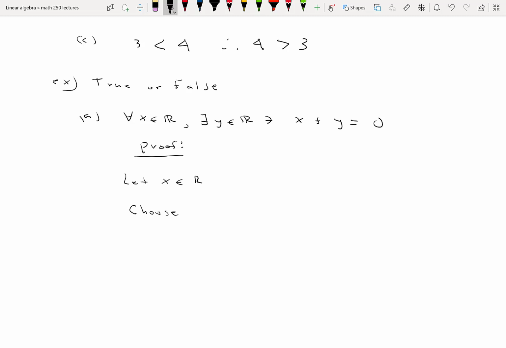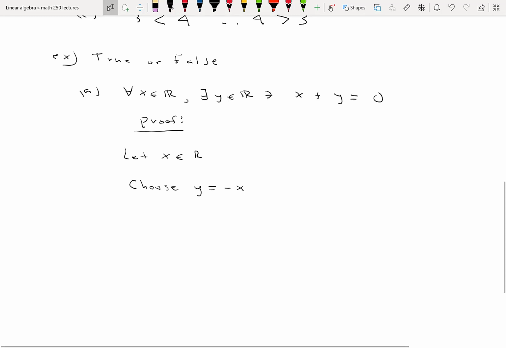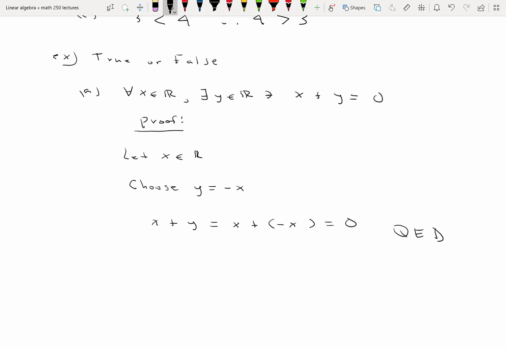If you're saying that for every real number x in R, there exists a y in R, that means you have to find it, or one of them if there's more than one. So choose y to equal the opposite of x. Then finish the proof. x plus y needs to equal 0. Well, I've chosen y to be the opposite of x, and x plus the opposite of x is 0. QED.